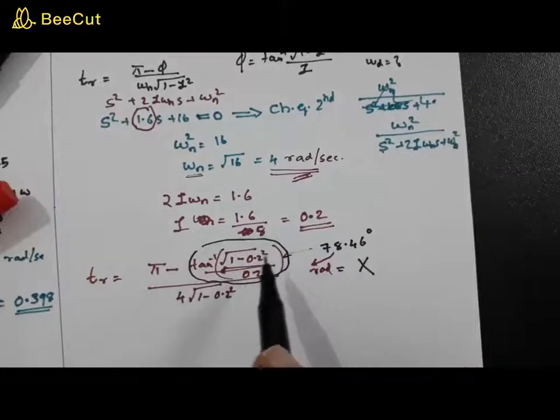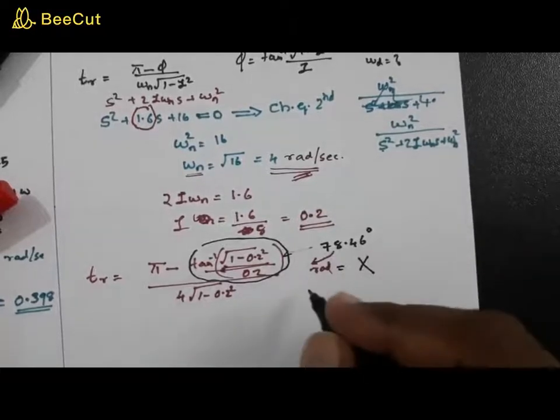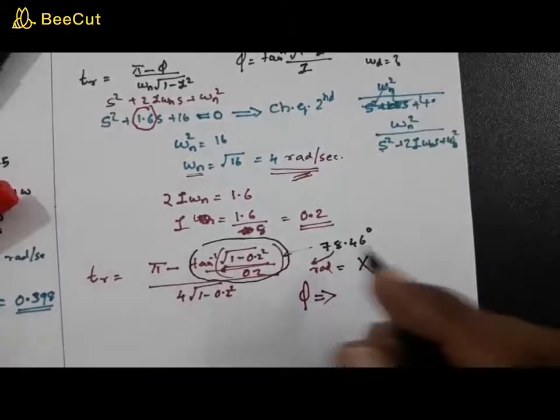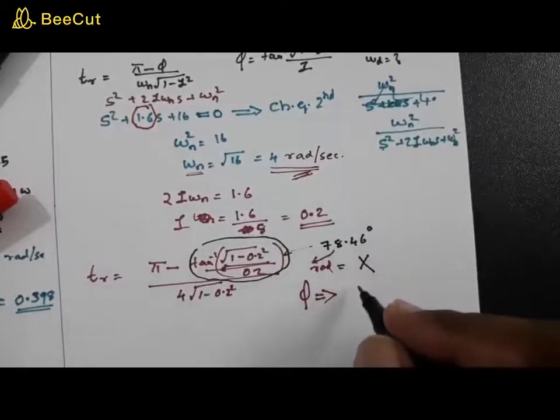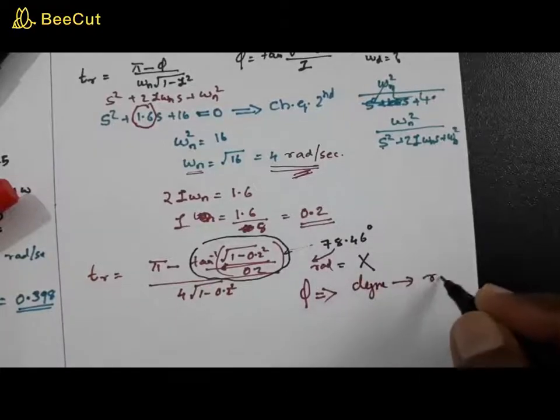If you know manually how to convert a degree to radians, you need to convert it. In this type of problems, especially in this control module, you need to be very aware that degrees have to be converted to radians.